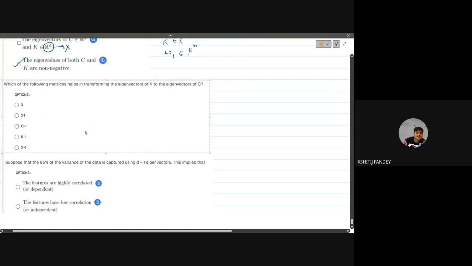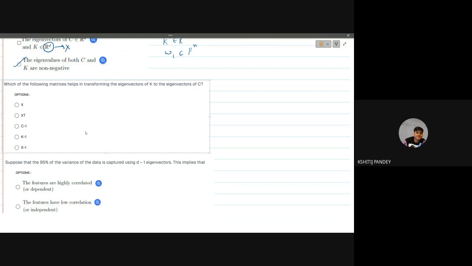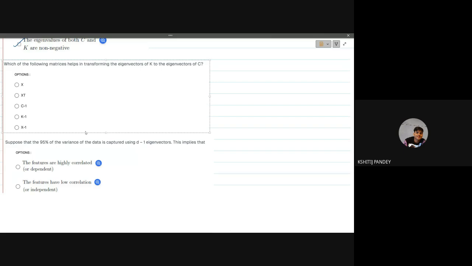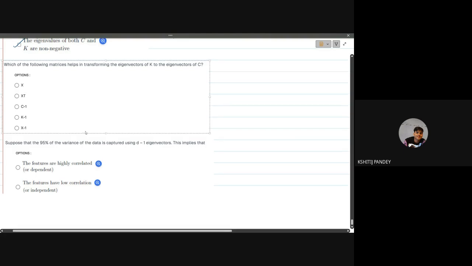Which of the following matrices helps in transforming the eigenvectors of K to the eigenvectors of C? Let me check the answer for this. Just a second. The correct answer is B or A, I guess.